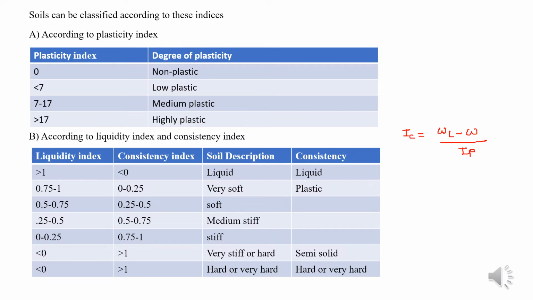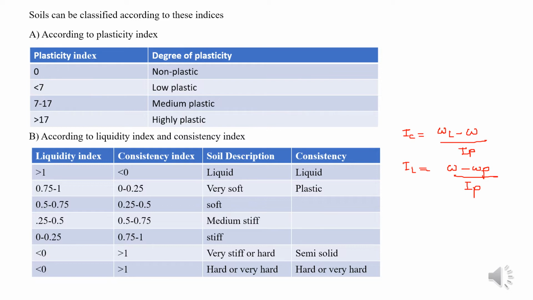WL is my liquid limit, W is the natural water content of the soil, and IP is the plasticity index. And what is my liquidity index? My liquidity index is equal to (W minus WP) divided by IP. W is the water content of the soil, WP is the plastic limit, and IP is the plasticity index.